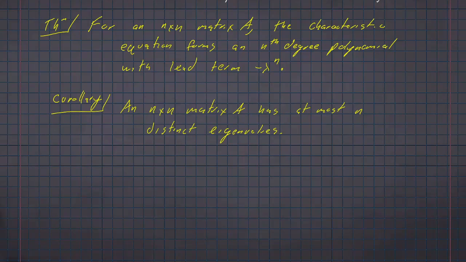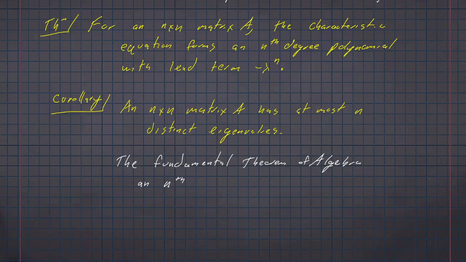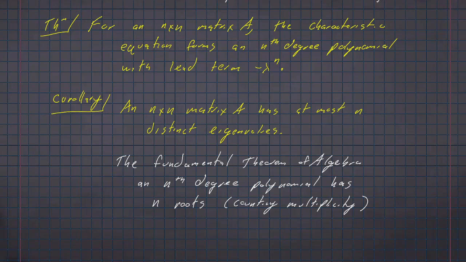The solutions of that polynomial are the eigenvalues of the matrix, and the fundamental theorem of algebra tells us that an nth degree polynomial has n roots if you count the multiplicity.